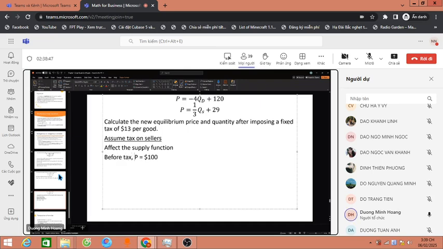Sellers receive... if I sell a good priced at $100 before any tax, I will receive the whole $100, because the government does not collect tax. But after tax, what happens?